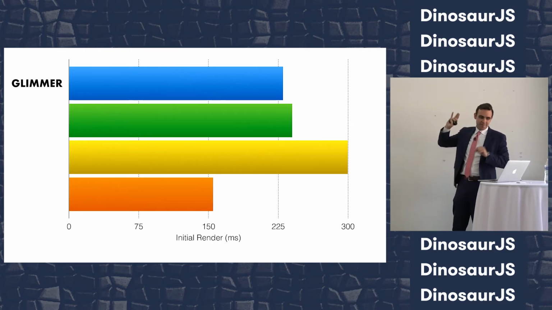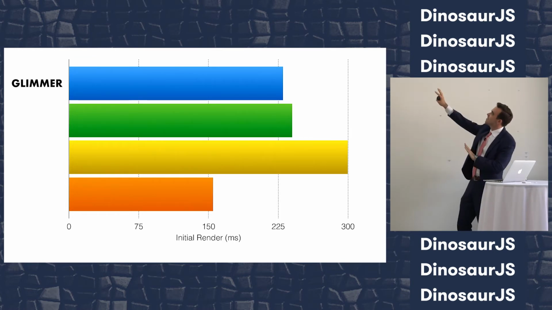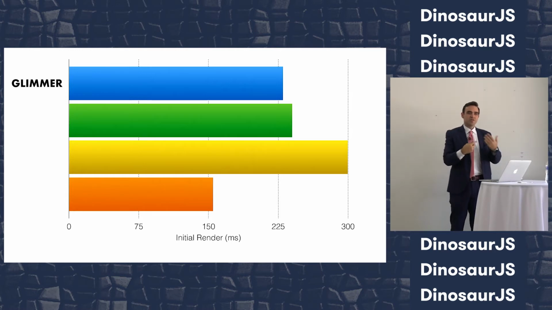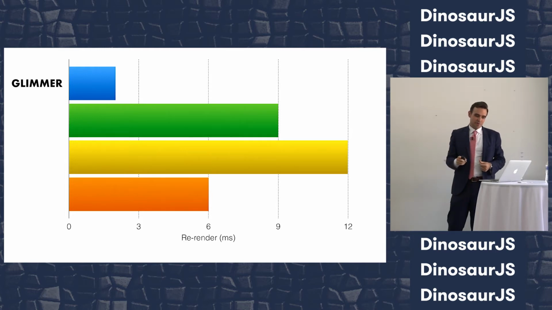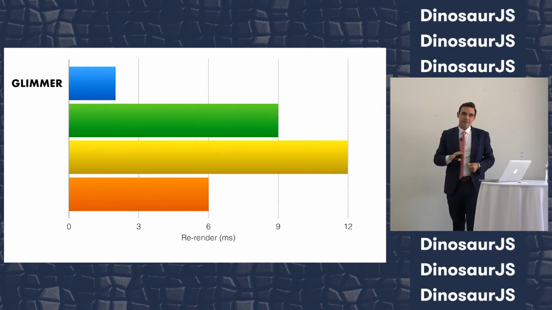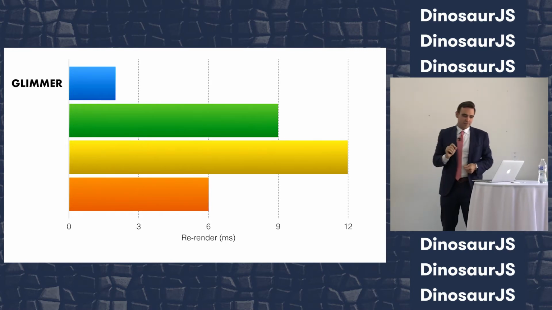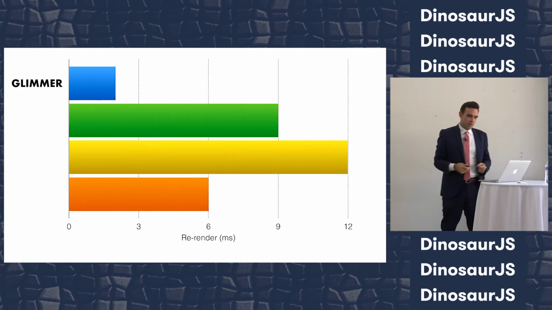Now, I'm not going to put names here. I'm not trying to make it a competition. The important thing I want to show is that this approach is basically in the same ballpark as the virtual DOM for initial renders. But when you move to measuring updating performance, we were very happy to see that generating these optimized updating programs seems to have a big difference when it comes to updating and re-rendering.